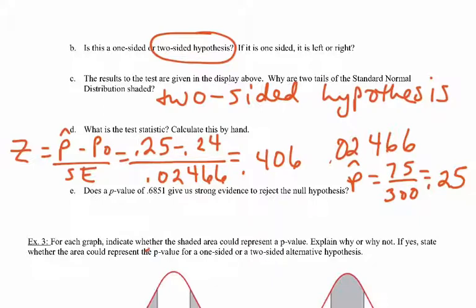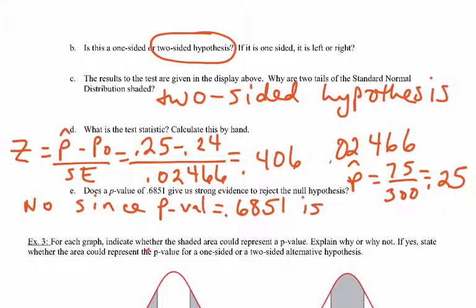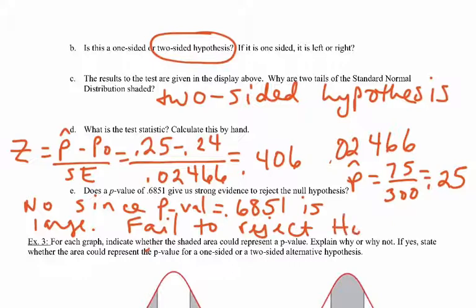So we're going to say no, since the p-value of 0.6851 is large, we fail to reject H naught, the null hypothesis. So this means that we think the proportion of students who are first generation is probably still around 24%. We don't have evidence that it has changed from that 24% number that we started with.